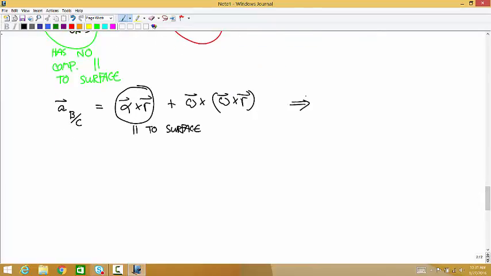So we know that alpha cross r is equal to zeros.